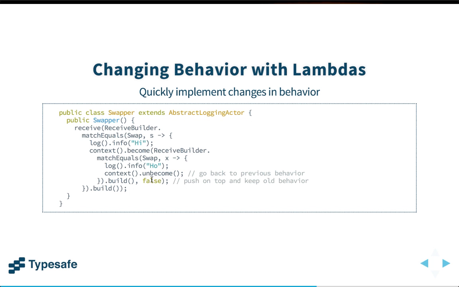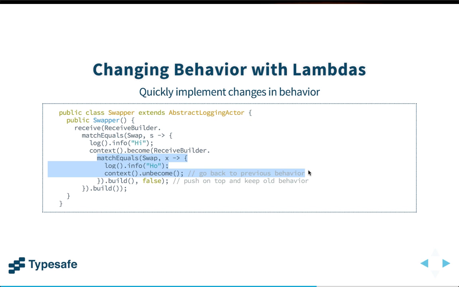And here we say that we should become, this is the whole block, we should become the inner behavior here. And this is the new behavior. That basically, when it receives a swap message, it will log another message called ho, and then will unbecome.